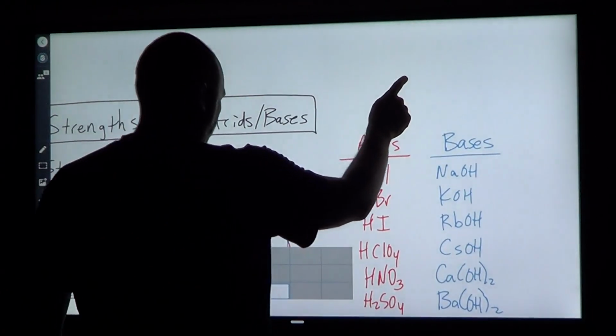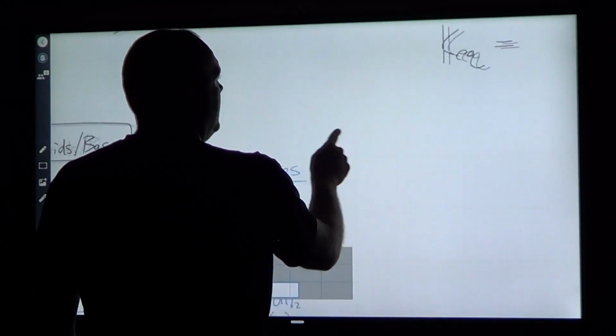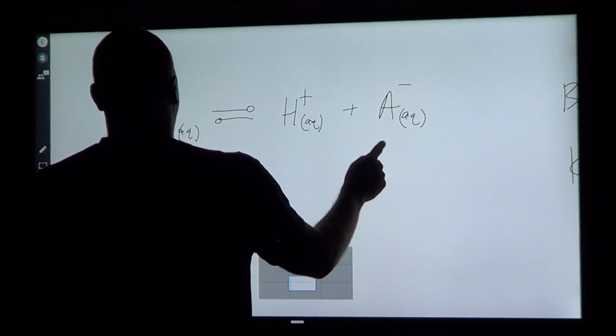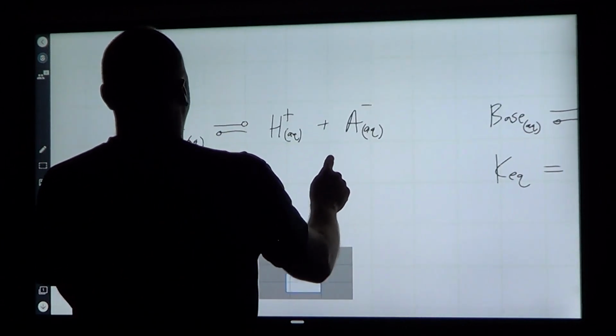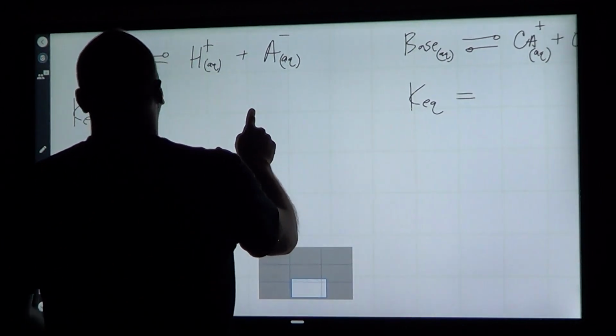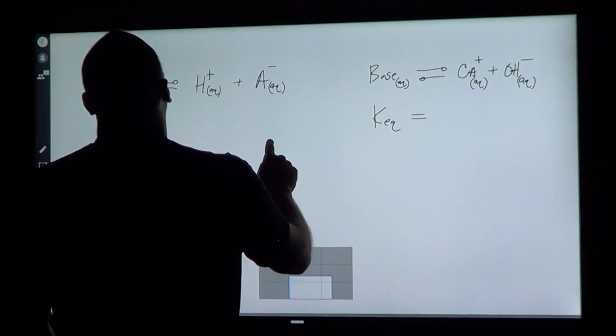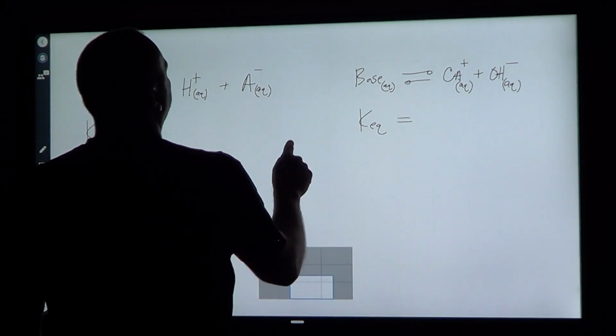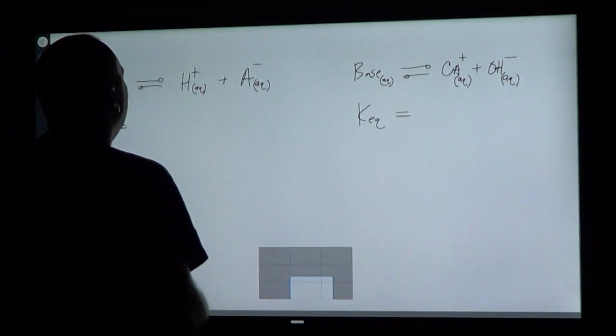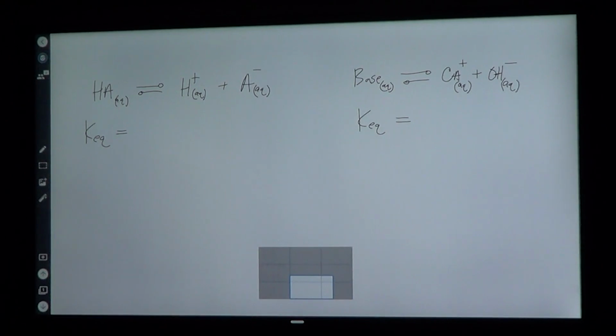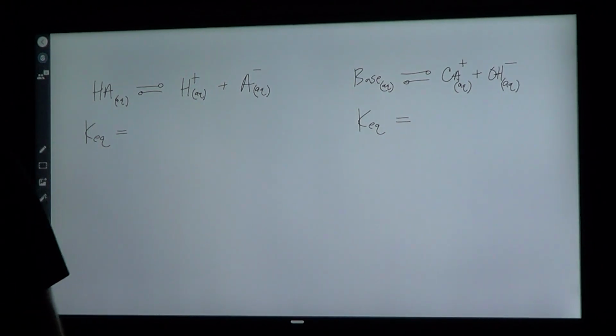And the last thing in section 2 is the K's for acids and bases. So I'm going to shrink this over here so we can see it. From last chapter we learned how to come up with a KEQ.